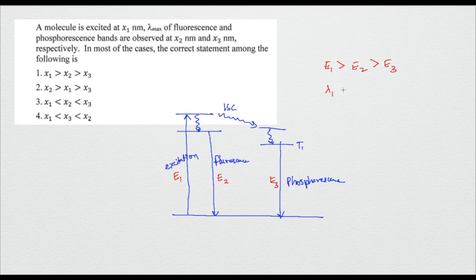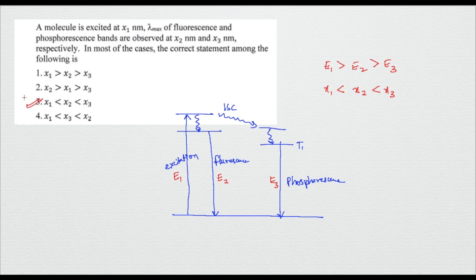So x1 will be smallest, then comes x2, and x3 will be highest. So for phosphorescence we will get the highest wavelength, for fluorescence the medium wavelength, and for excitation the wavelength will be lowest. The correct answer comes out to be option number 3.